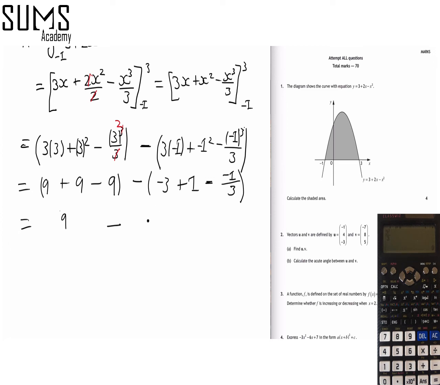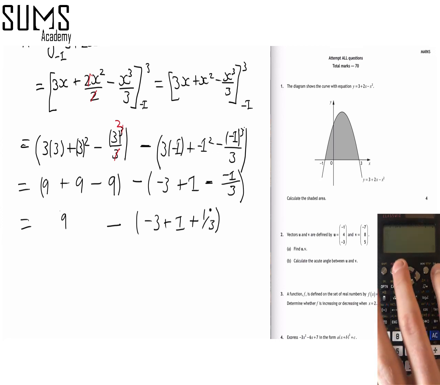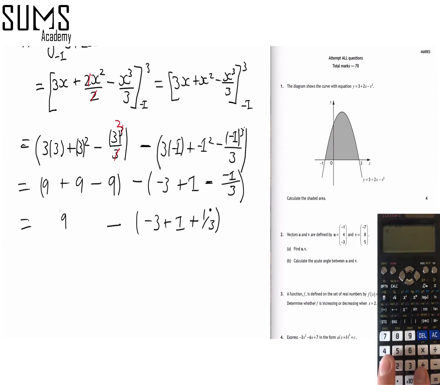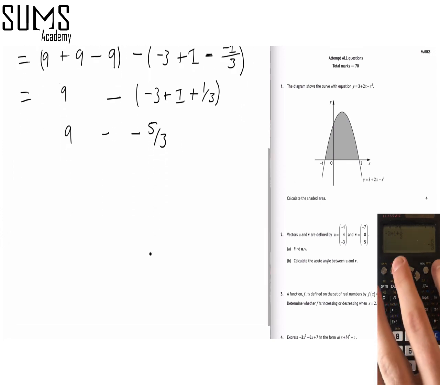Minus, so minus 3 plus 1 minus plus 1 over 3. Now you can stick this into your calculator: minus 3 plus 1 plus 1 over 3. So we get minus 5 over 3. So now you have 9 minus 5 over 3.